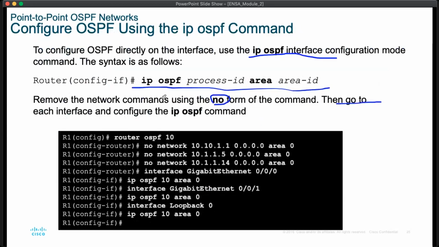Then go to each interface and configure the ip ospf command again. So here we use no to delete everything, and we do it again. We delete that using the no command and also reconfigure the command. Okay, this is the example.